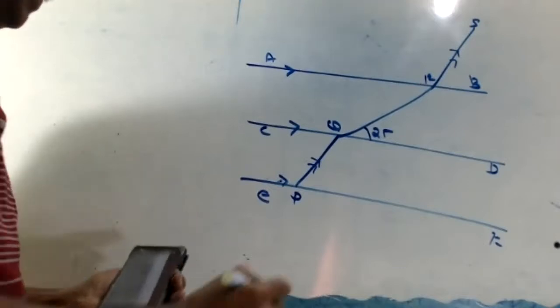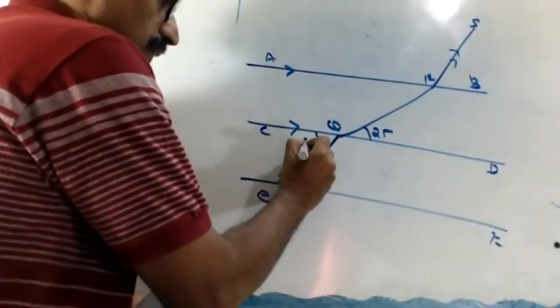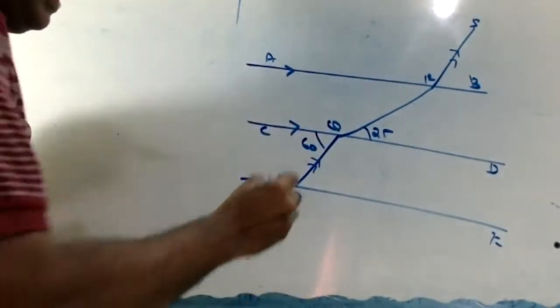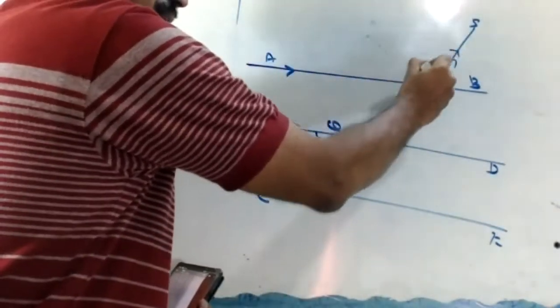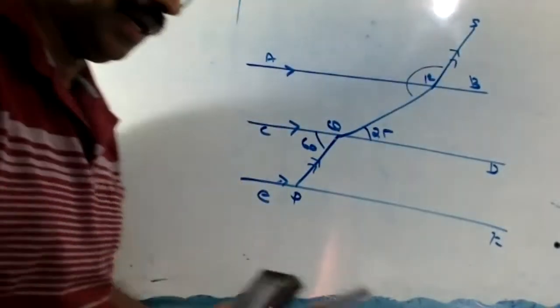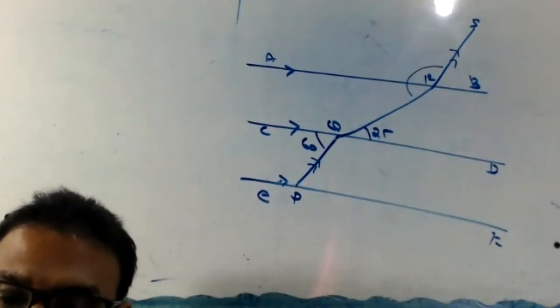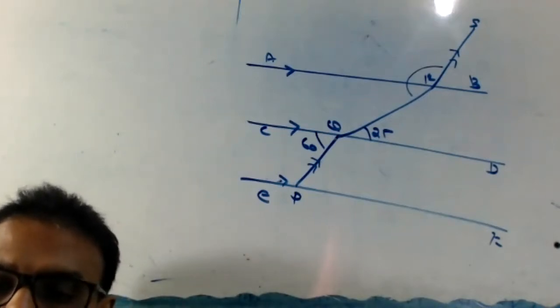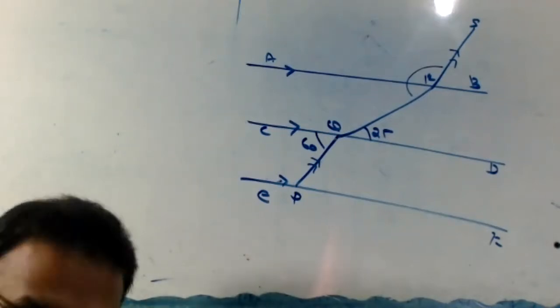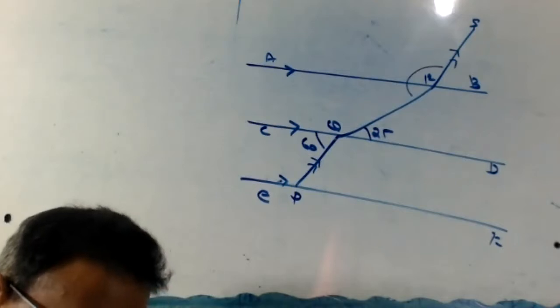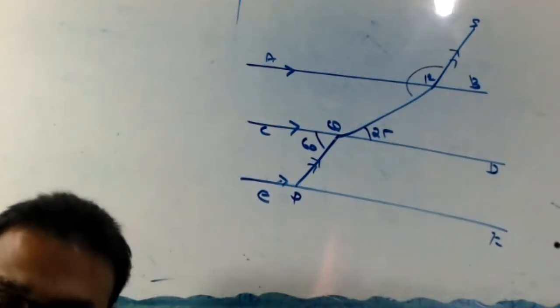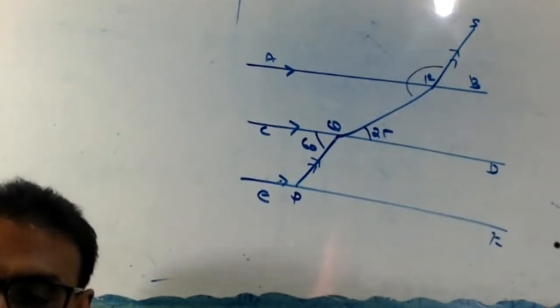Angle CQP is 60. Find angle QRS. This angle we have to find out. Aditya, you asked this question, right? Your doubt.